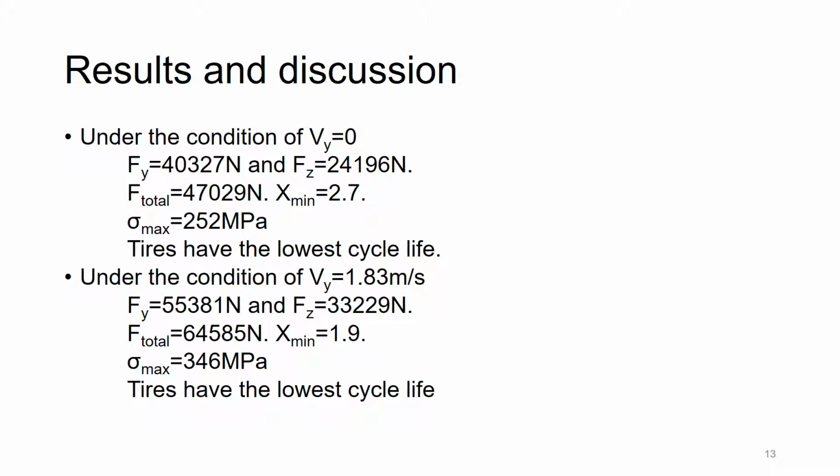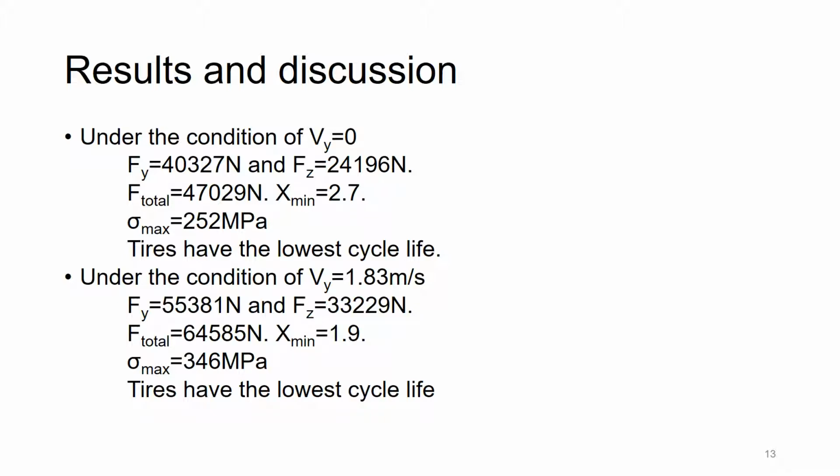And based on this calculation, the total force is 47,000. And based on the ANSYS modeling, I can observe that the minimum safety factor appears on the top of the landing gear frame, which is 2.7, and the sigma max is 252, also appearing here. So the tires have the lowest cycle life, so we need to replace the tire pretty frequently.